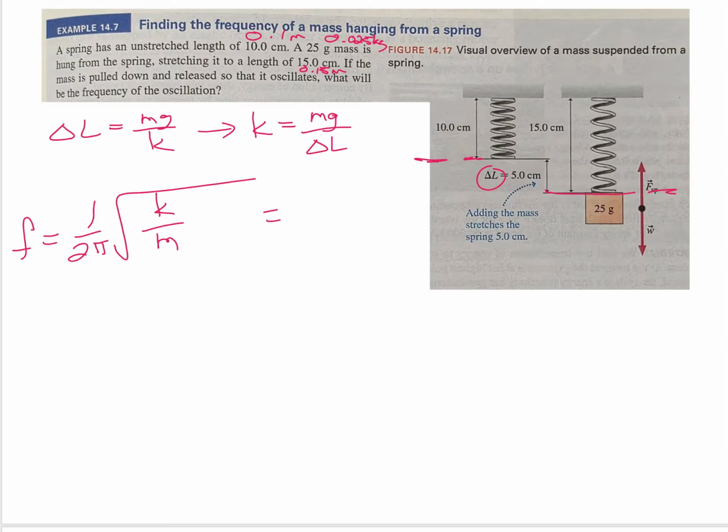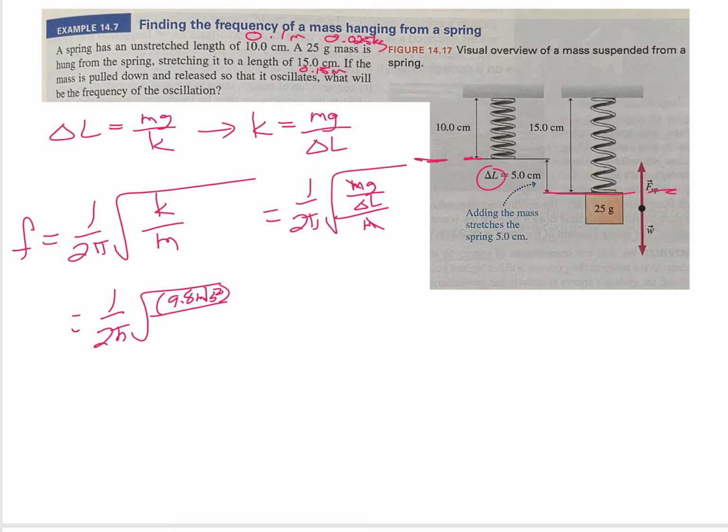So I can swap that in. I have 1 over 2 pi times the square root of mg over delta L, all over the mass. What happens? The mass divides out. So I don't have a denominator of the fraction anymore, and I just have 1 over 2 pi times the square root of g, which is 9.8 meters per second squared, divided by delta L.